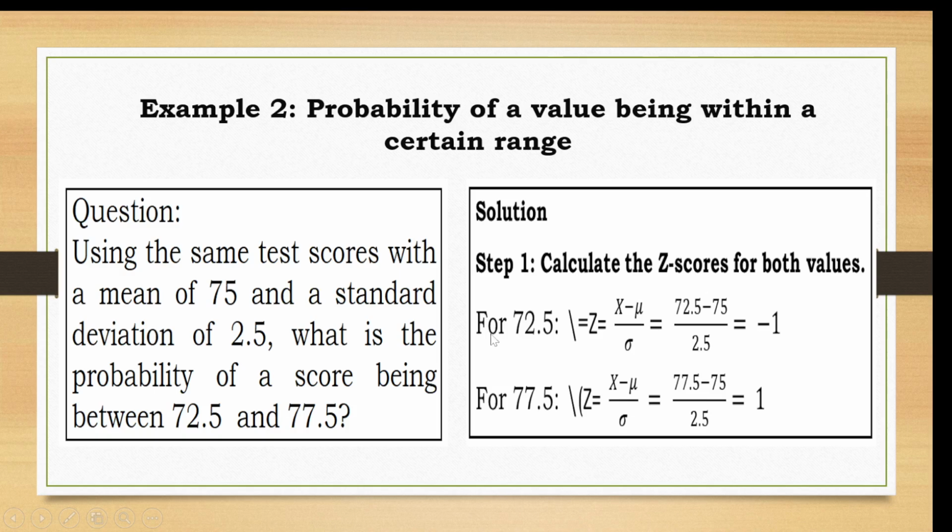First of all, let us calculate the z-score for 72.5, which is 72.5 minus 75 over 2.5, you get minus 1. And for 77.5, the z-score is 77.5 minus 75 over 2.5, you'll get a z-score of 1, which is above the mean.